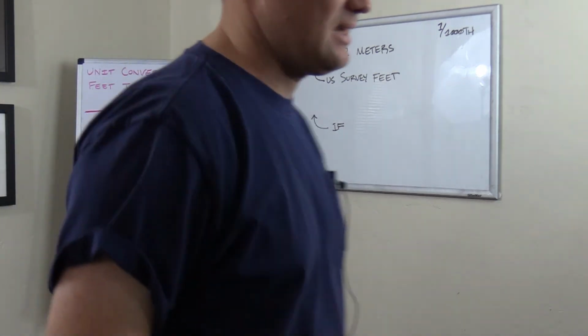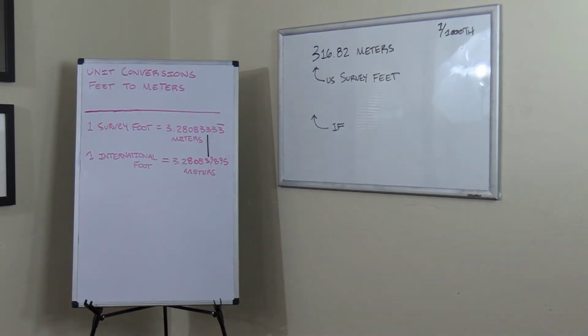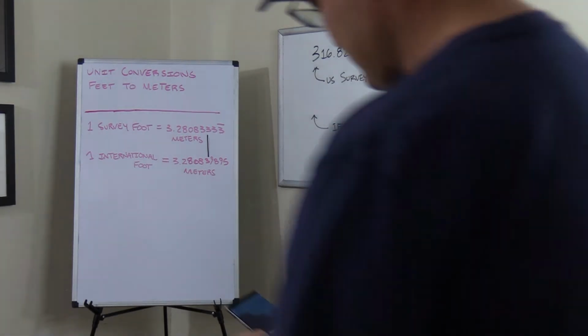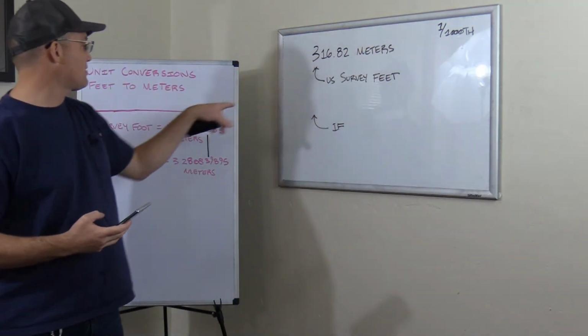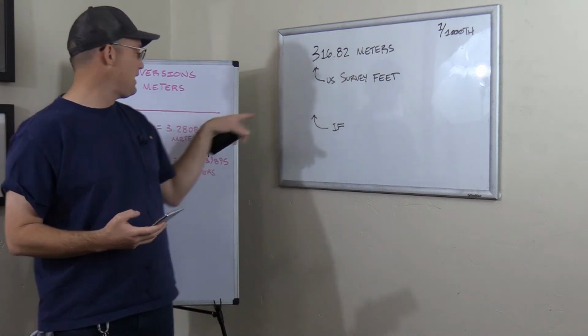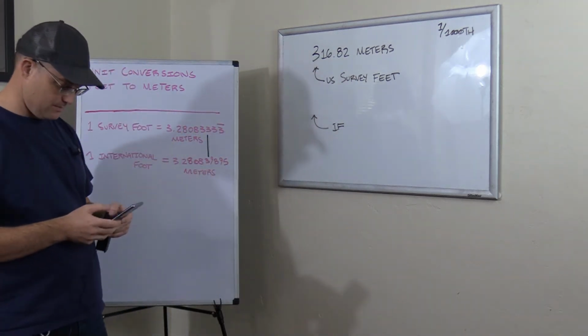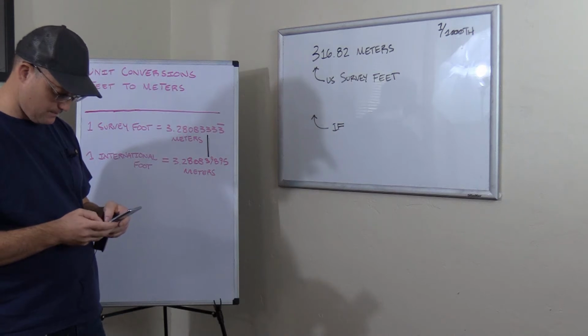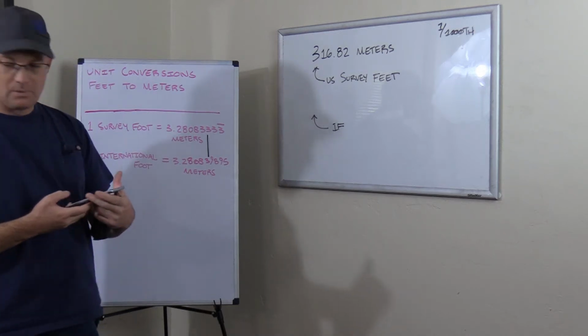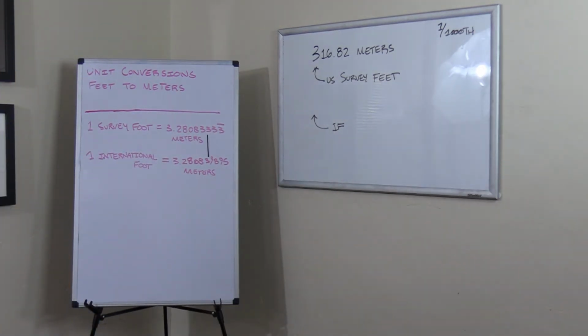I brought a second phone today so I could have a second calculator. So let's just do this math real quick. To figure out US survey feet, we're going to take 316.82 times this number here. Here's the answer I get.